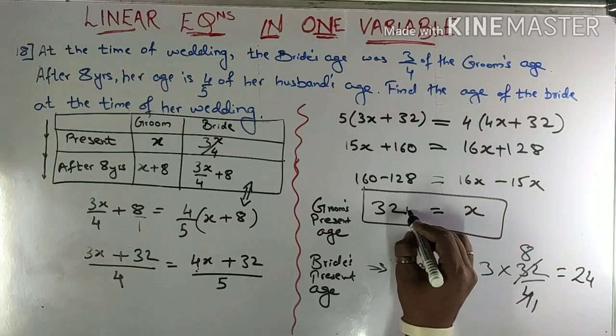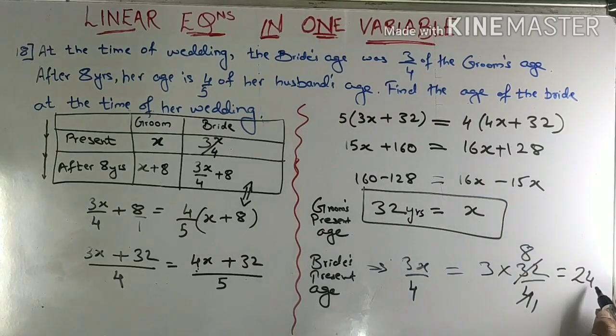So x is equal to 32 years and bride's age is 24 years. With this, we finish this problem also.